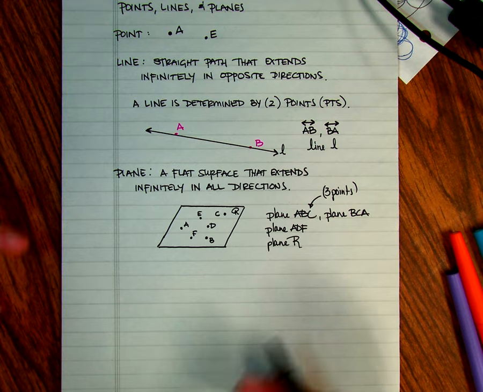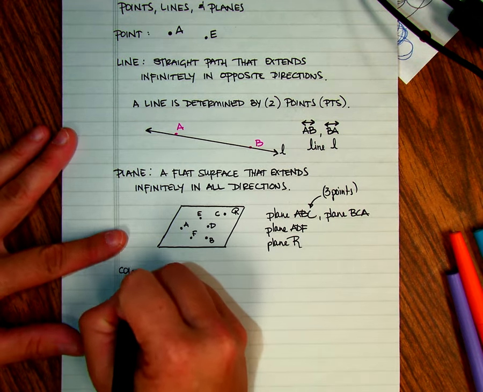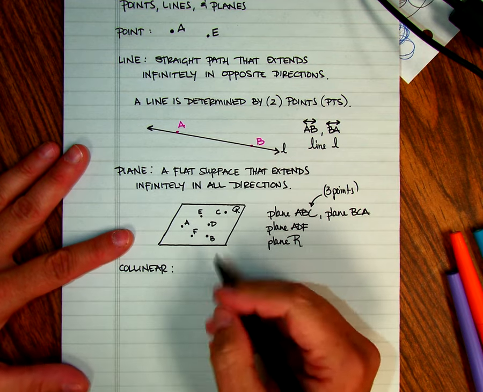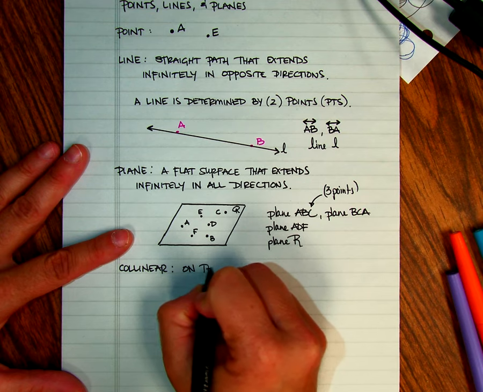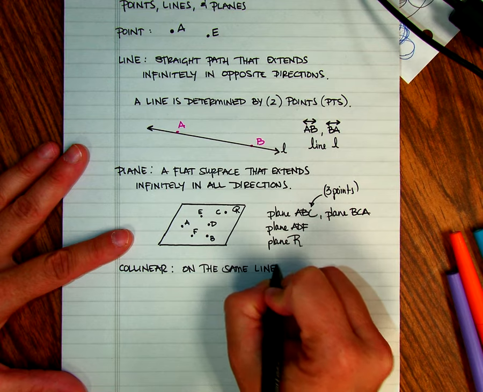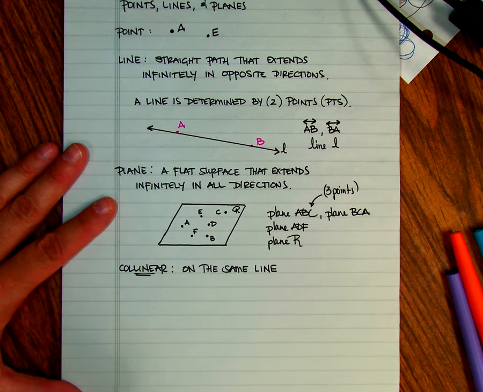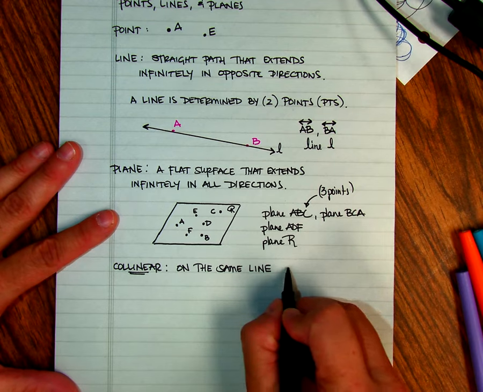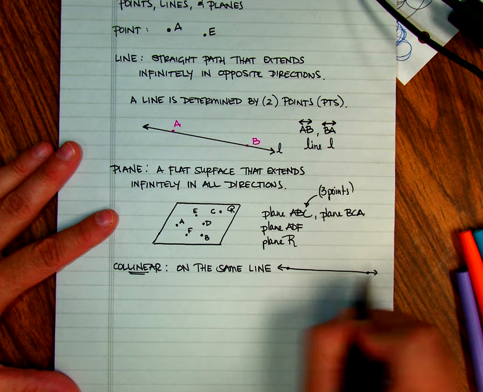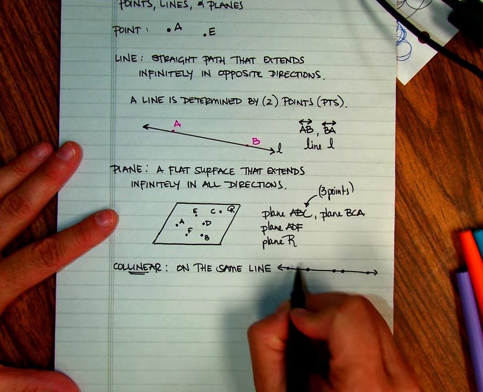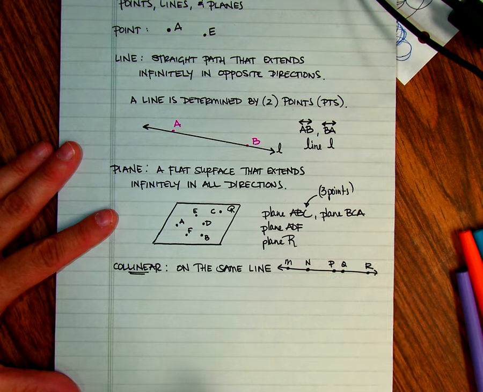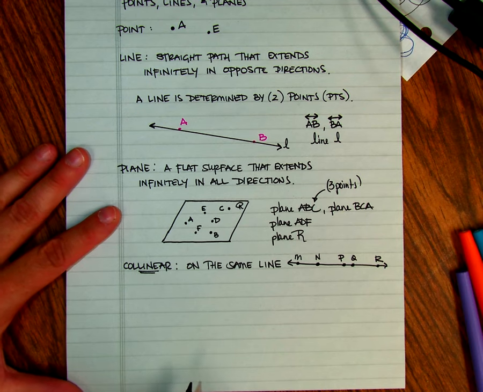Now, I've mentioned the word collinear. Collinear means on the same line. So there's that word line hidden in there. On the same line. So if I have points M, N, P, Q, and R, for example, those are all collinear.